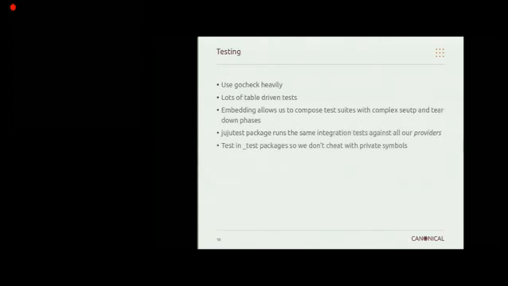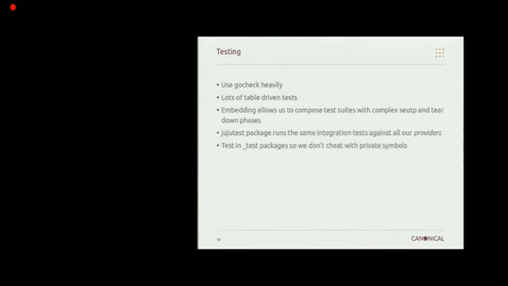For testing, we use Gustavo's GoCheck library pretty heavily because we're not just doing unit test stuff. We actually have to test at pretty much most of the package levels, at least bring up a Zookeeper, put some stuff into it, run an agent against that. So GoCheck gives us most of that scaffolding. That also gives us a bunch of nice helpers as well.